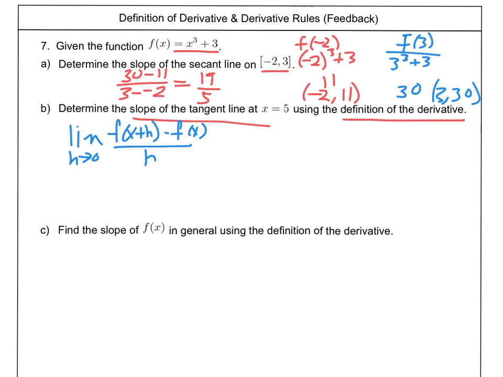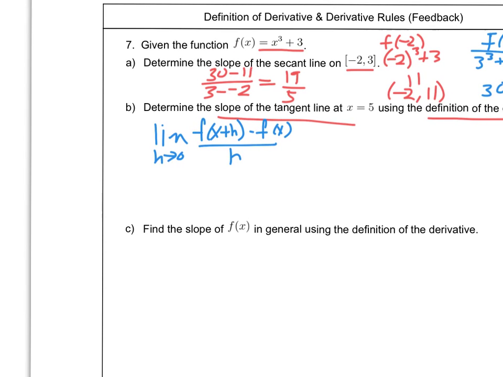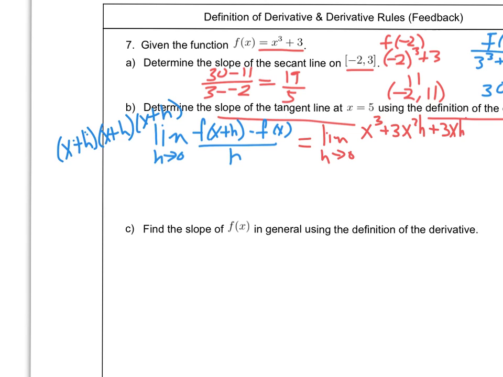For x cubed, I'm going to kind of do this off to the side. We're going to have x plus h times x plus h times x plus h. When you multiply that all out, you end up getting x to the third plus 3x squared h plus 3xh squared plus h to the third.